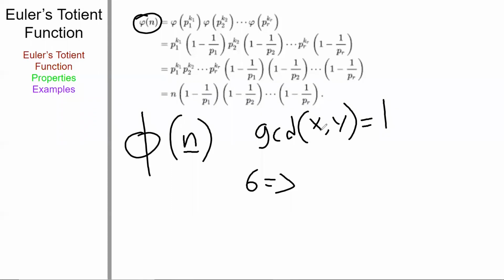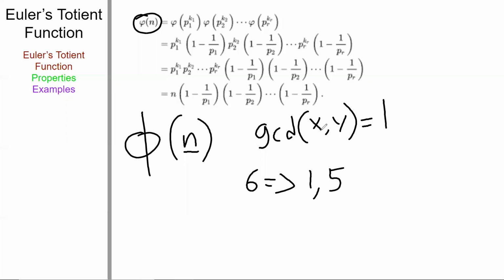Two and three are kind of the opposite of what we're looking for. We're looking for numbers that don't have anything in common with 6. 2 and 3 have themselves in common with 6. Okay, so the numbers here would actually be 1 and 5.